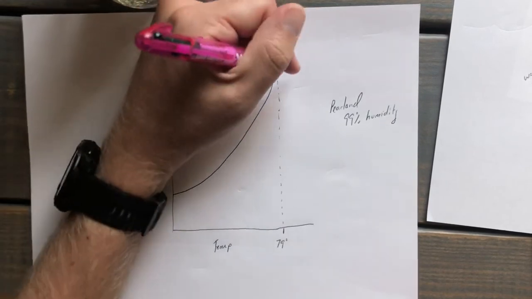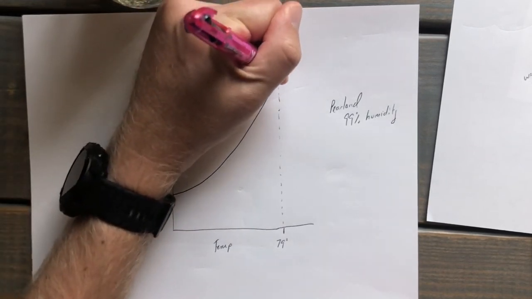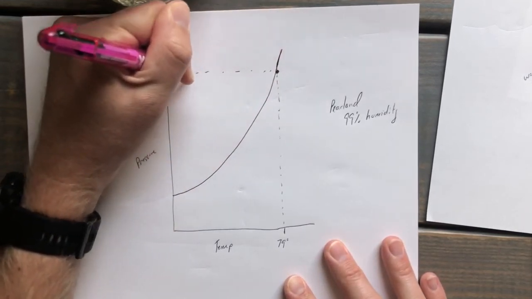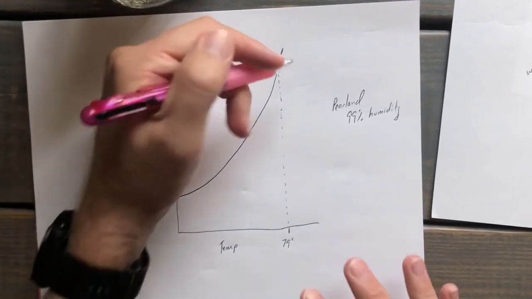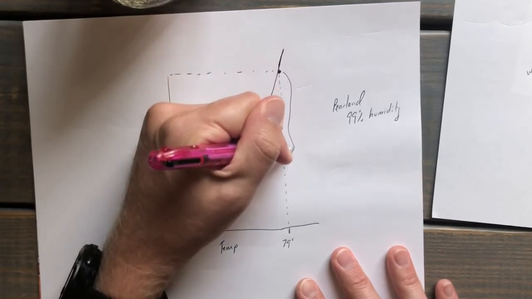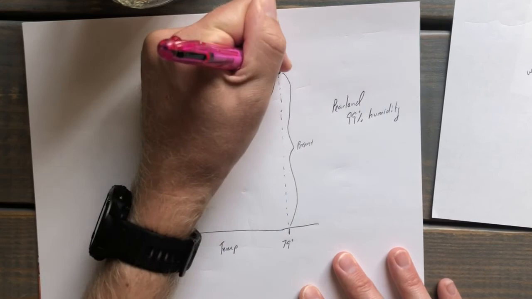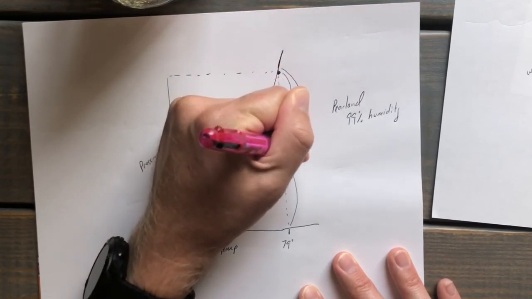Well, that means the vapor pressure was right up here because, again, it's the present divided by the total.